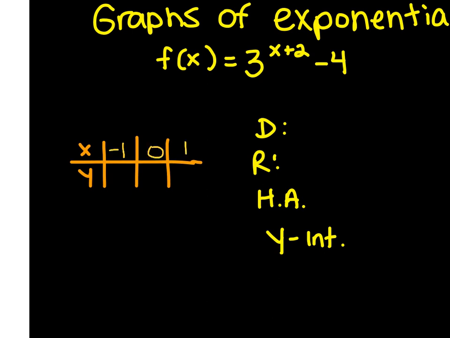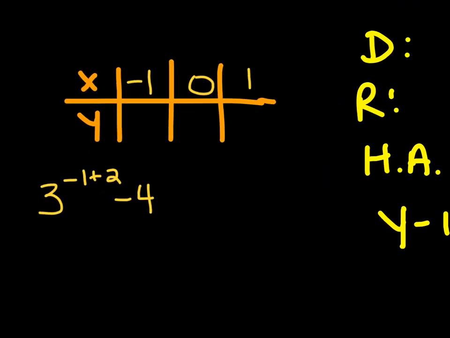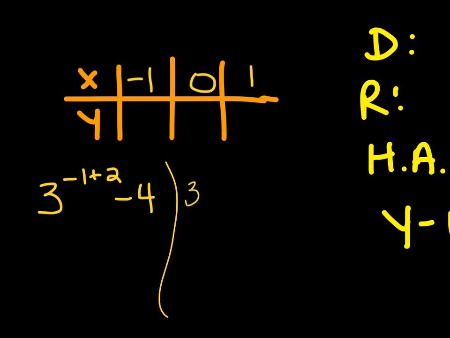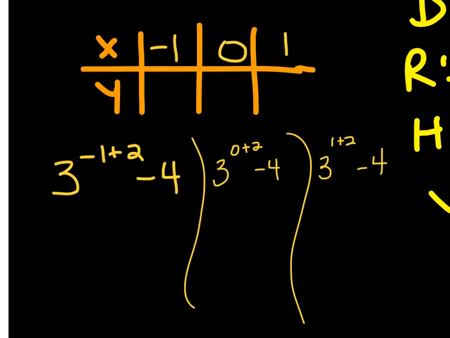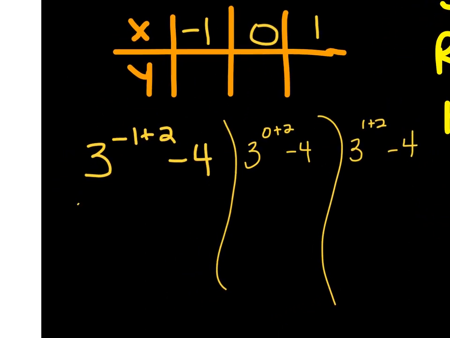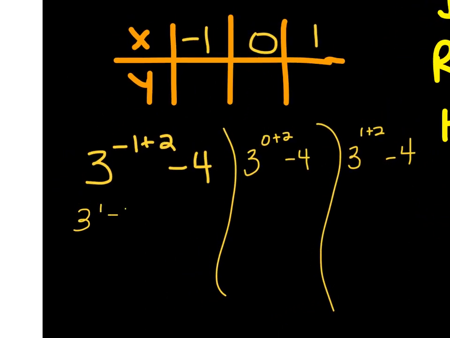So into my x goes the -1, the 0, and the 1. So 3 to the -1 plus 2 minus 4. And then I'm going to do 3 to the 0 plus 2 minus 4. And then I'm going to do 3 to the 1 plus 2 minus 4. So this is 3 to the first minus 4, 3 minus 4, which is -1.